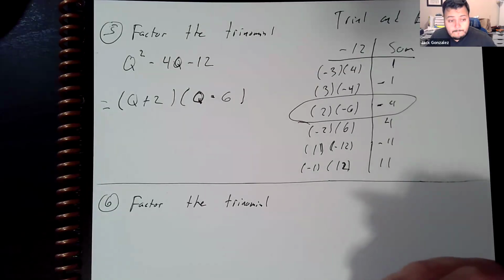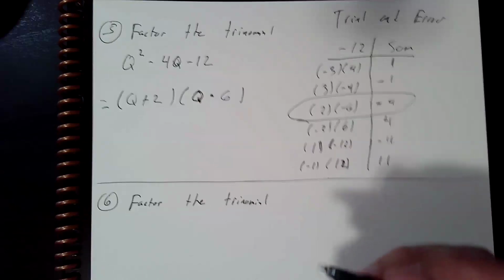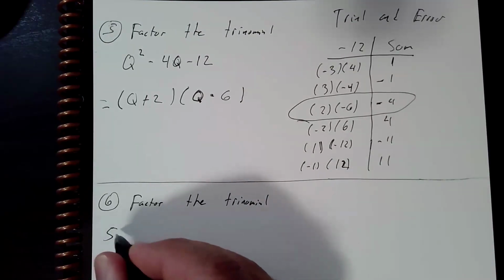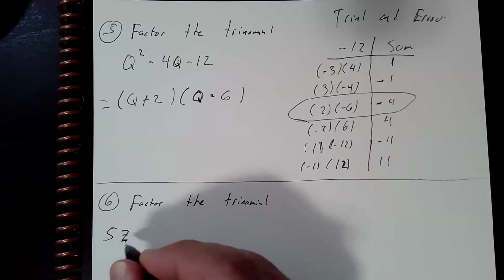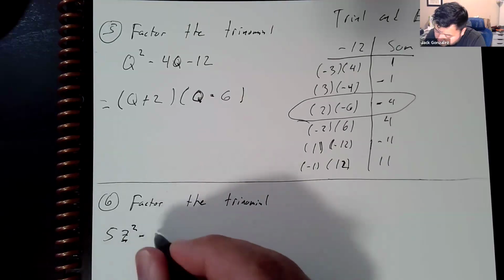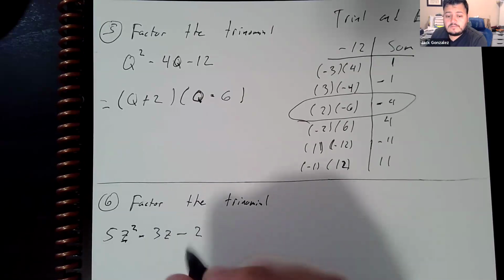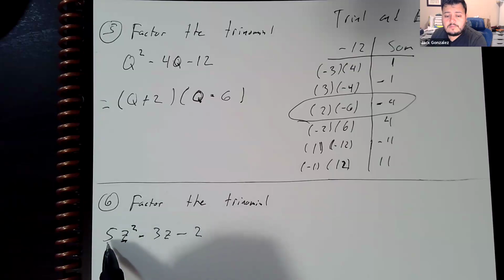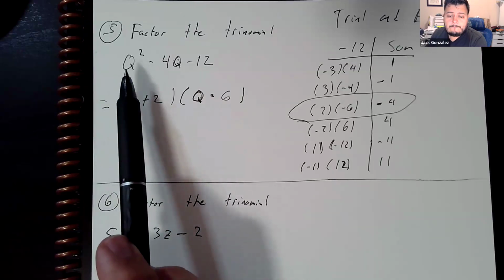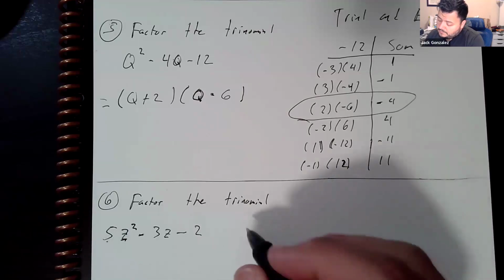I don't like doing that. But if you want to, it's up to you. I recommend the AC method whenever we have a number in front of the quadratic part. See how over here we had a 1? Now we have a number.